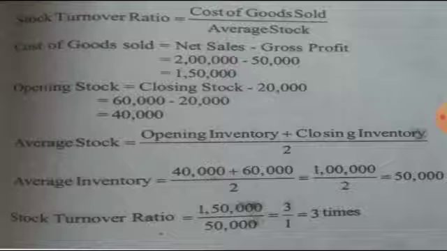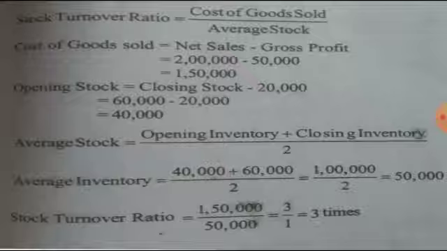Now we have to find out the average stock. The cost of goods sold we have already found out. So the average stock is equal to opening inventory plus closing inventory divided by 2. That is, average inventory is equal to 40,000 plus closing inventory 60,000. So 40,000 plus 60,000 divided by 2 is 1 lakh divided by 2, that is equal to 50,000.